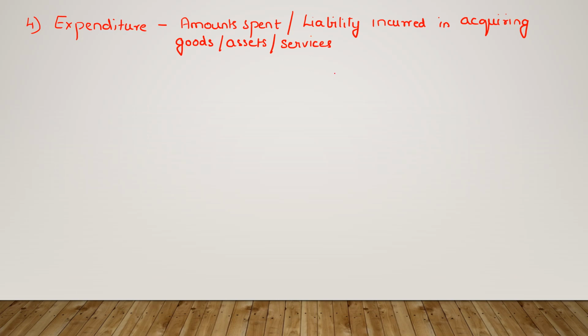So expenditure is a wider term here. The amount is being spent, either by way of outflow of cash or bank balance, or it might be creation of a liability, that is, payment is going to be made at a later date, but it is incurred for the following purpose. It can be for acquiring goods, that is, in our example, Smitha is purchasing ready-made garments to be sold to her customers. So that goods also is covered under expenditure.